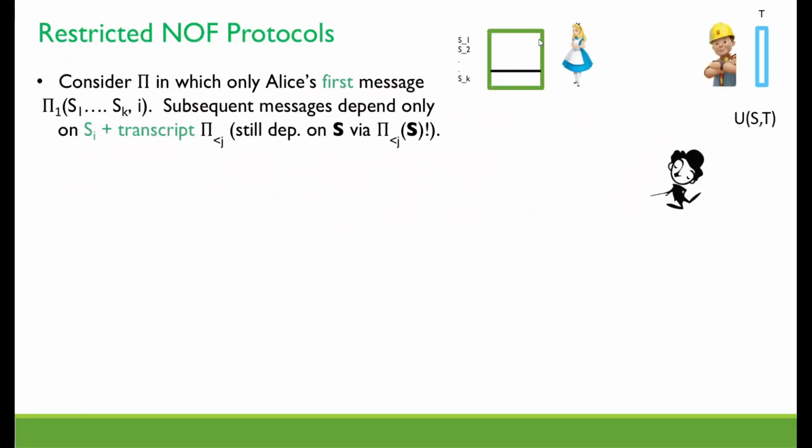Instead of proving in the full number-on-forehead model, we consider the following restriction. Consider the restriction where only Alice's first message is allowed to depend on the whole sets. The subsequent messages depend only on the given Si and the previous transcript.